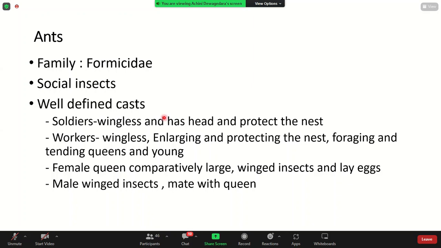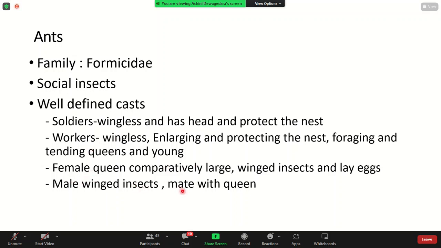So soldiers are wingless, and they have a large head, and they generally protect the nest. And workers are wingless, and they are also engaged in protecting the nest, and they bring food and help the young ones and the queen.